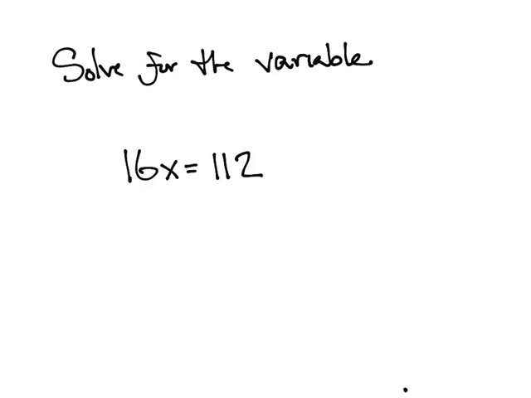Our next step is to solve for that variable. Since we've already broken down our equation into 16x equals 112, it's a simple matter to use inverse operations to solve. In this case, we'll divide each side by 16 and discover that x is equal to 7. That's it. That's all we have to do.